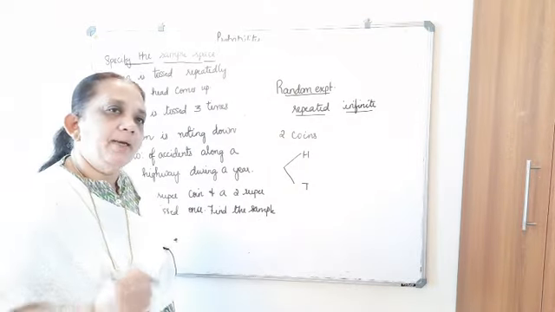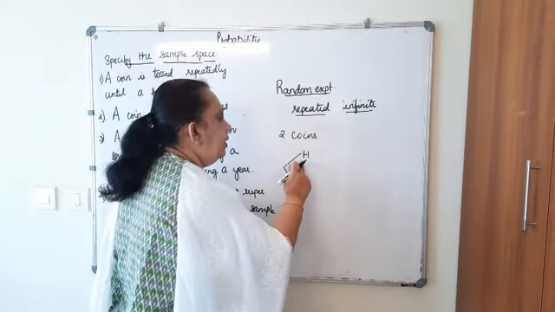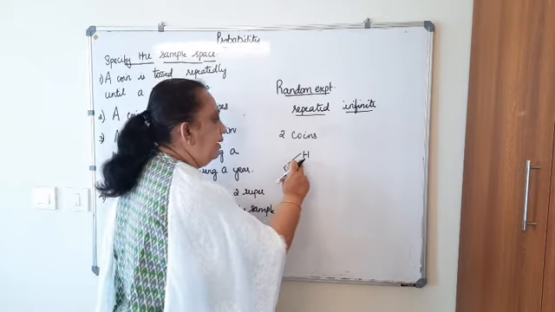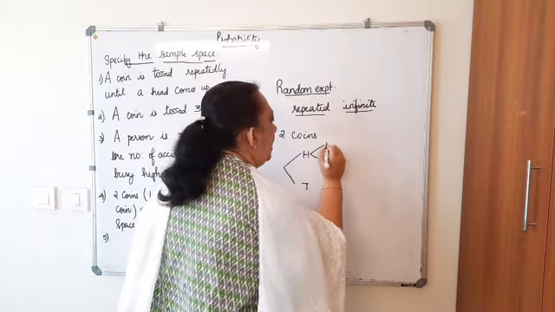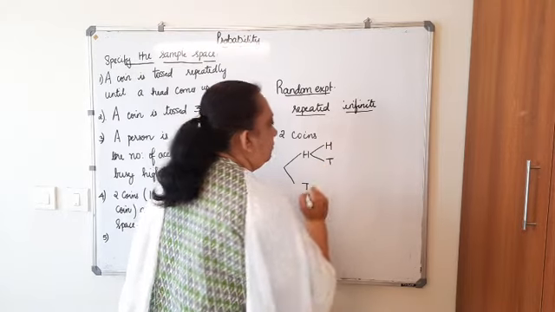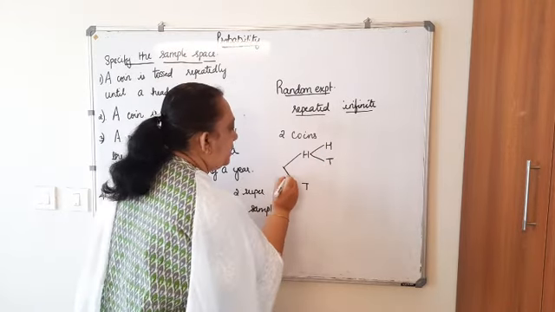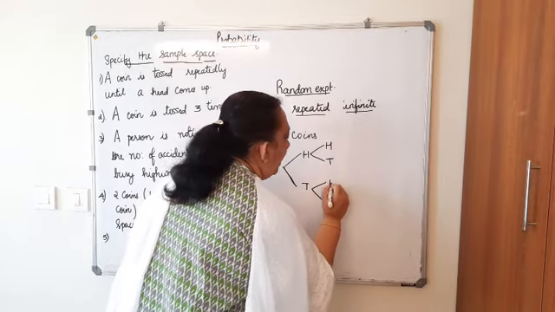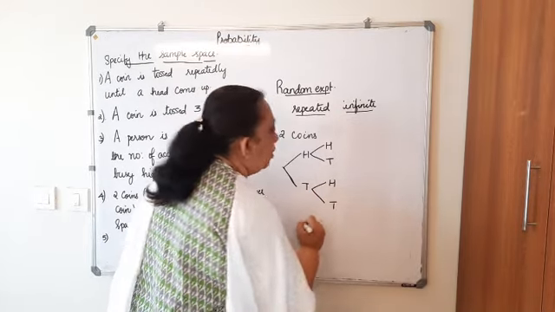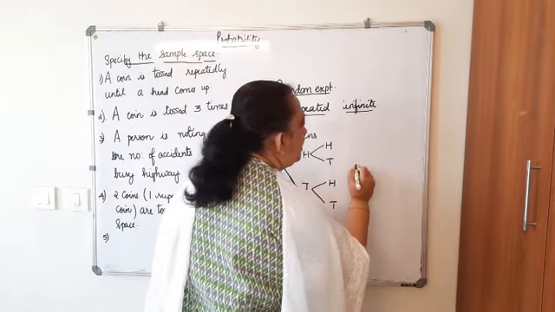When you toss the second coin, if the first coin resulted in a head, there can be two possibilities, either H or T. If the first coin results in a tail, again when you toss the coin, you can have the outcomes H or T.